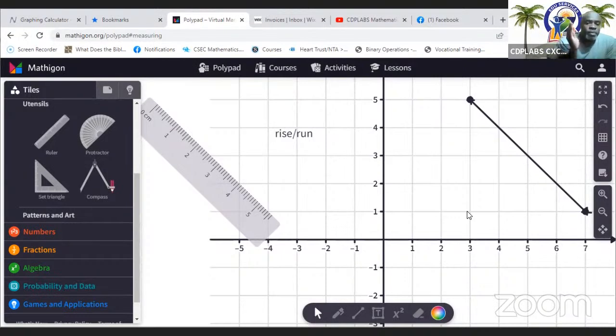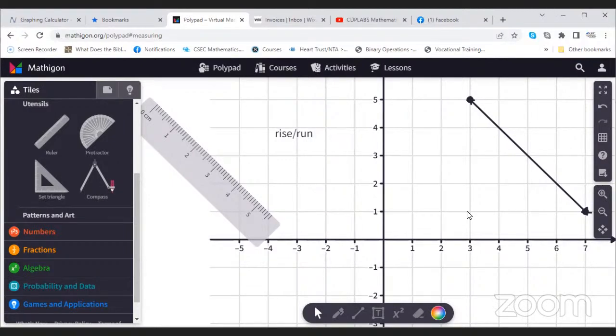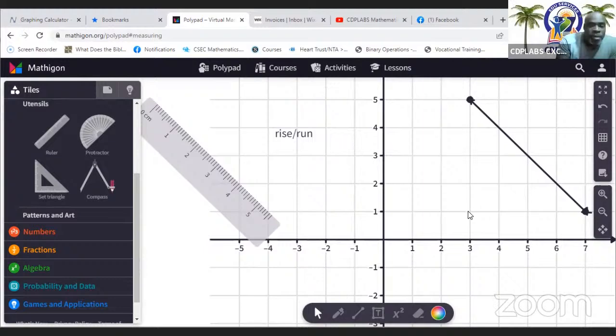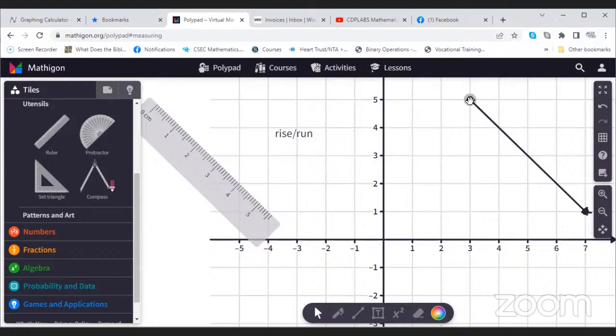You're going up when you're rising. So rising up from here to here is rise. From here to here is what? Rise.